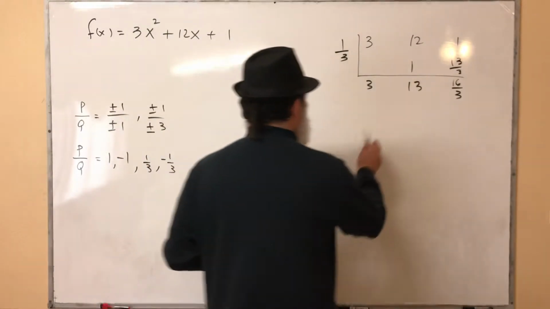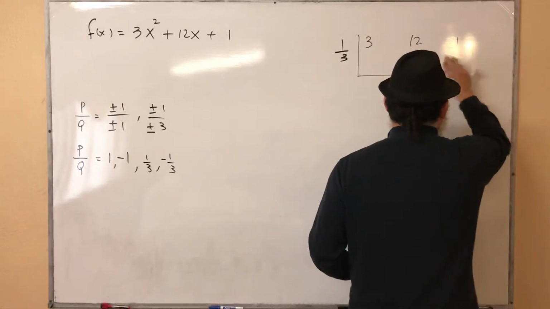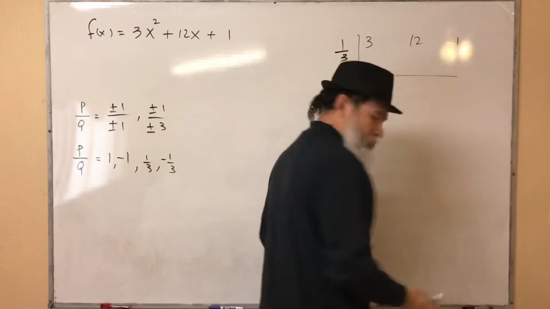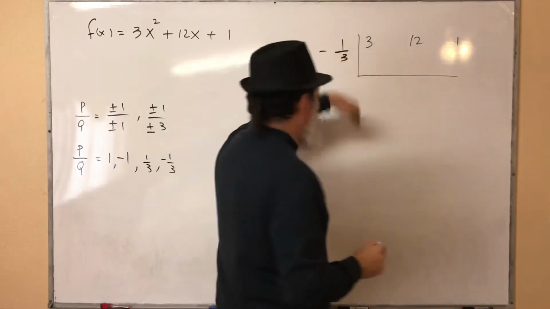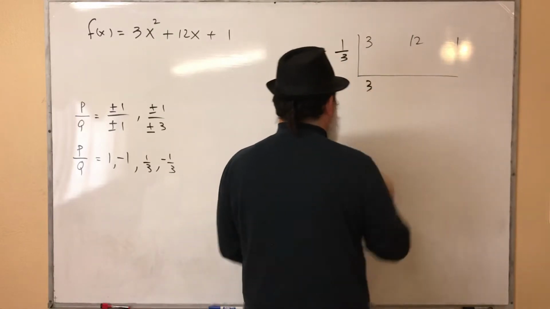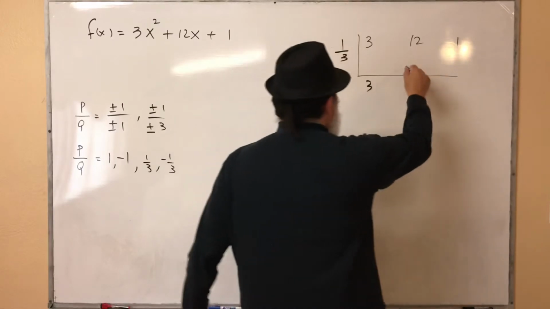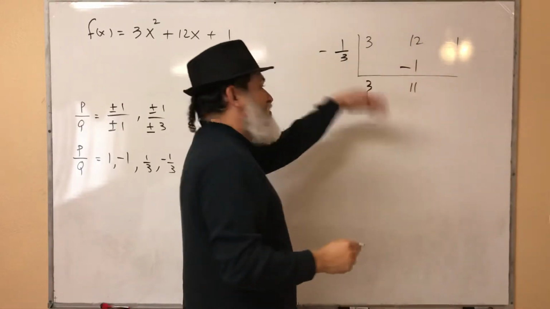Want to try negative 1/3? Okay, let's try negative 1/3. Bring down 3. Multiply. What's negative 1/3 times 3? Negative 1. Add, 11. Multiply.